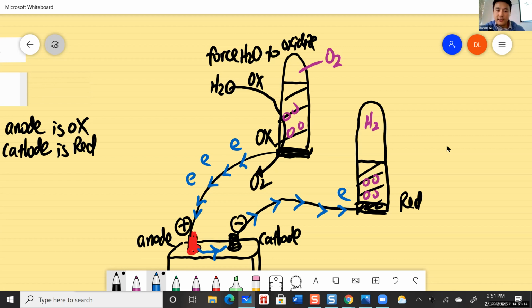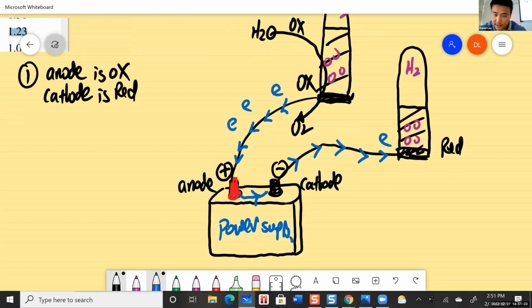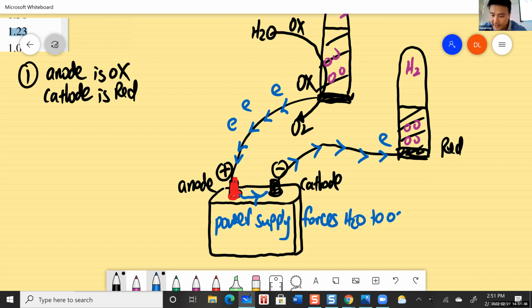So we are using the external power supply to pull electron from water. So the power supply forces water to oxidize on the anode.